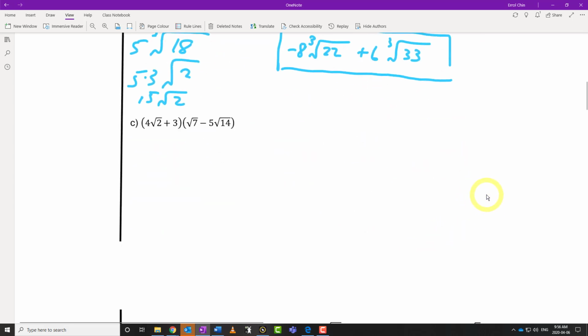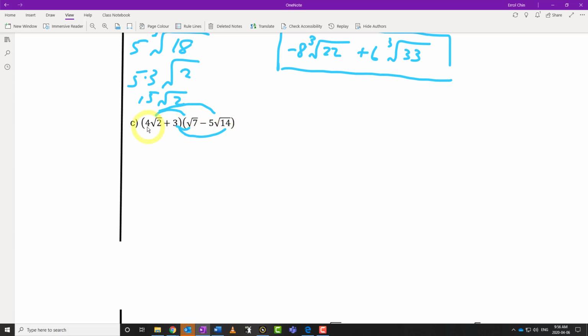Okay. The next example. 4 square root of 2 plus 3 times square root of 7 minus 5 root 14. We distribute, just like in a previous chapter. When we multiply binomials, we multiply the first terms, and then the outside terms, and then the inside terms, and then the last terms.